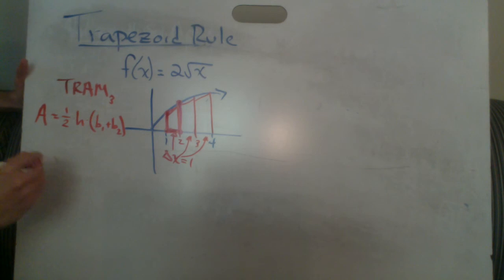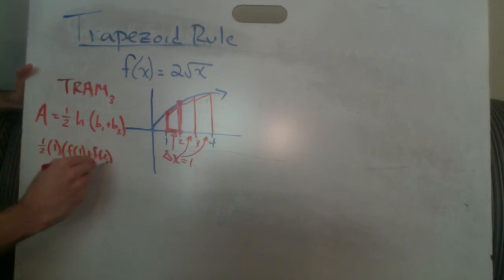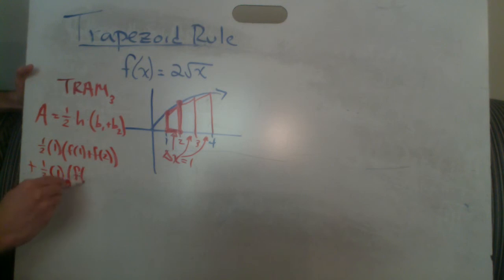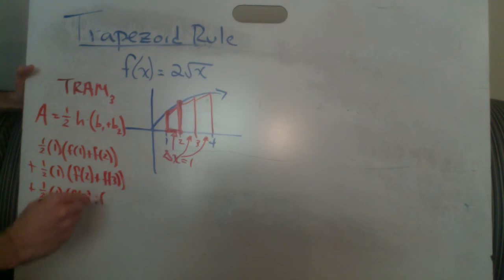So the first area is going to be 1/2 times 1 times f of 1 plus f of 2. The second area will be 1/2 times 1 times f of 2 plus f of 3. And the third area will be 1/2 times 1 times f of 3 plus f of 4.